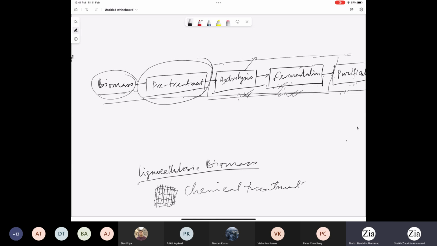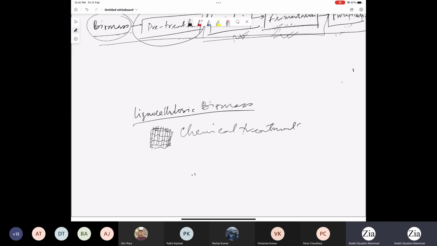Whenever you have production of other acids during chemical treatment, that acid will actually create inhibition. And different biological treatment processes are also tried. And in IIT Delhi, we have also developed a biological treatment system which can remove the lignin without degrading cellulose. So we are not going to waste cellulose, and the system can effectively remove lignin.